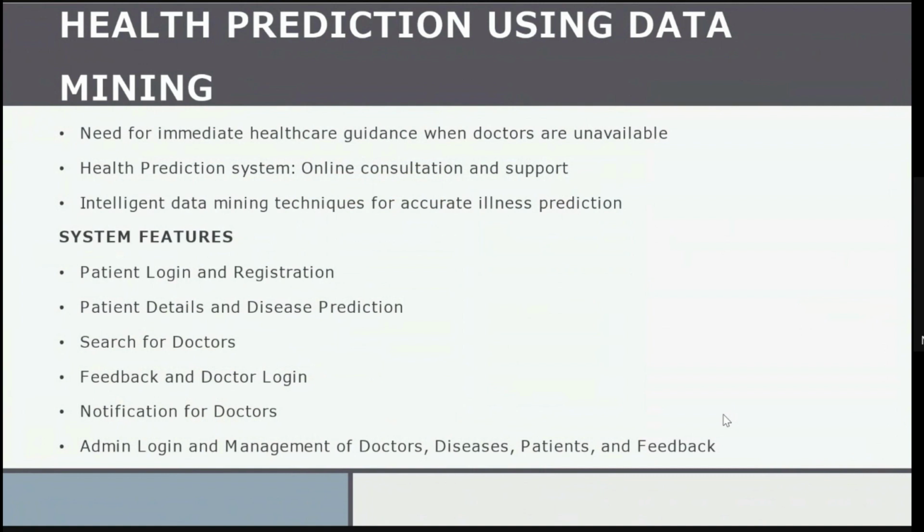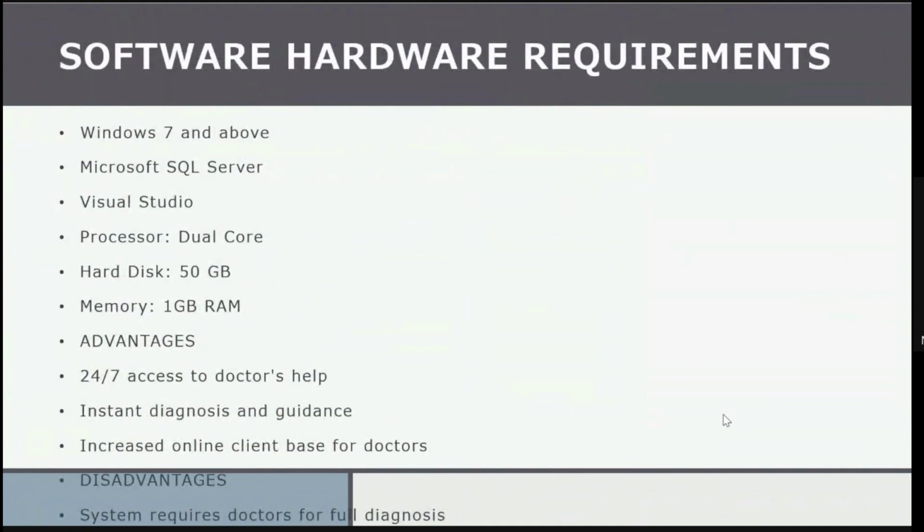Is there anything that is missed in this prediction of data mining? Everything has come almost. If you look at it, is there anything you feel like we can add to the system features? I don't think so.